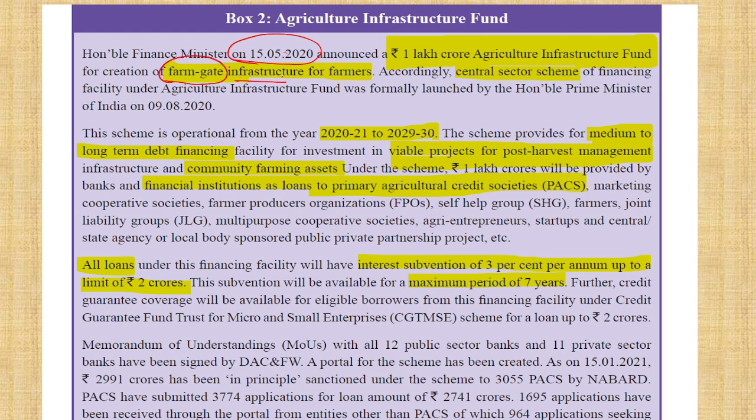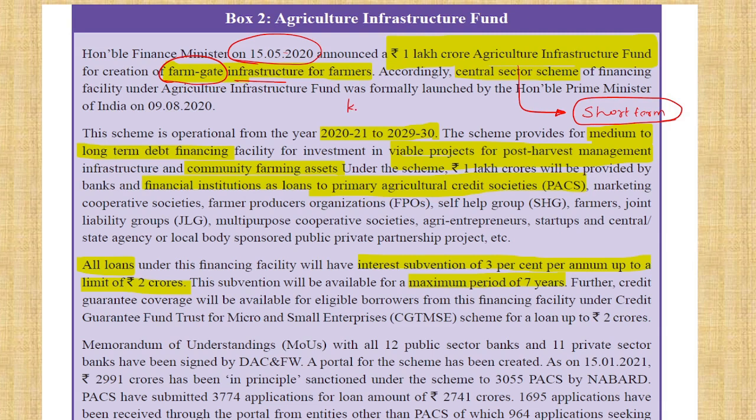You are making infrastructure for agricultural purposes, but they will say that it is a short term loan. So in the question they will say agriculture infrastructure loan is a short term loan. But you should know it is a medium to long term loan. It is not for short term purposes.